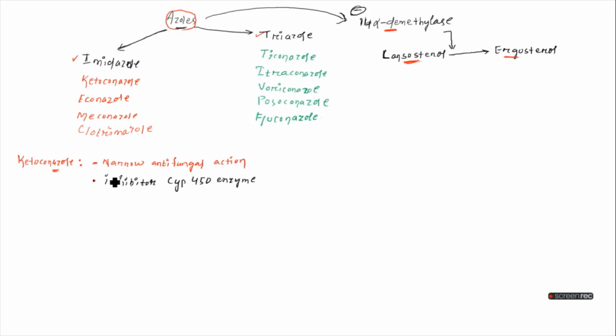That's why it can increase the plasma levels of several drugs like cyclosporin, warfarin, theophylline, etc. Other adverse effects include gynecomastia, menstrual irregularities, and infertility, which are basically due to inhibition of steroid synthesis.